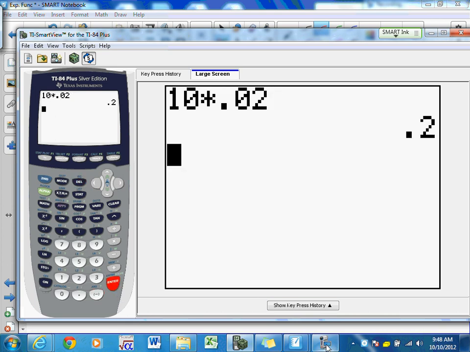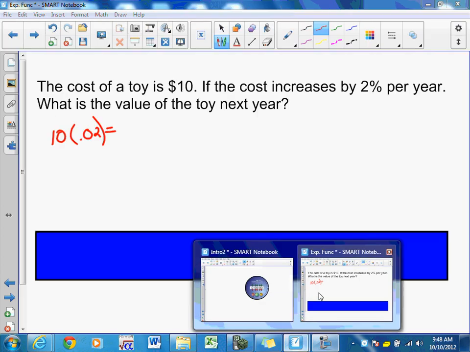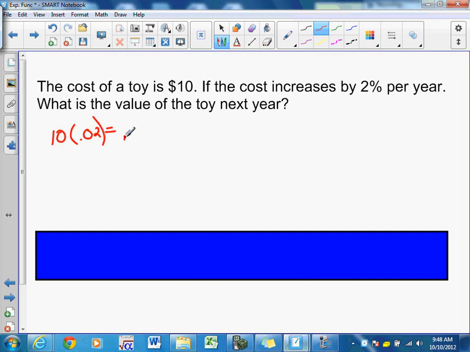And we get 0.2. So next year we take our $10 plus our 20 cents and we get 10.20.